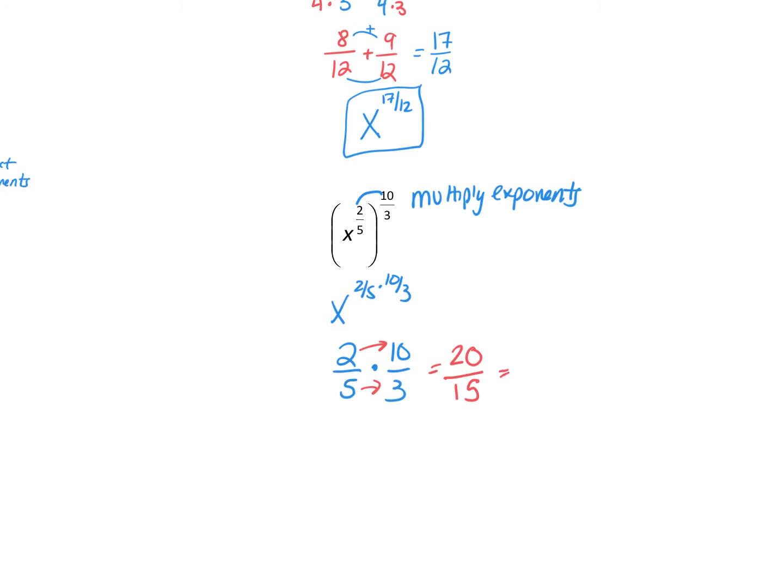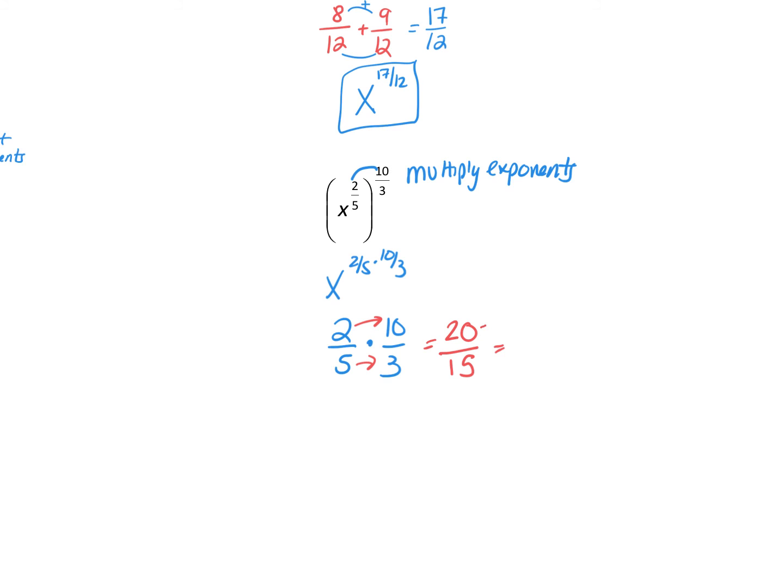Then we're going to reduce. So these are each divisible by 5. So 4/3. So x to the 4/3 would be my final answer.